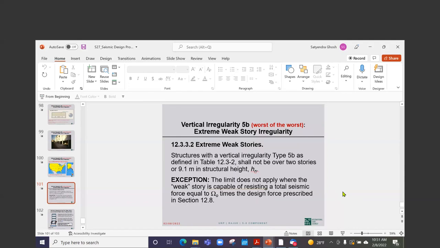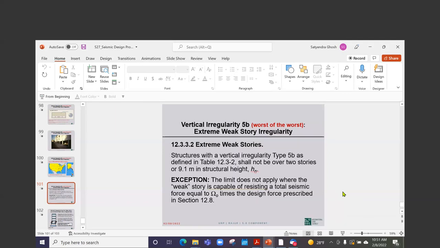Let us say a shear wall comes down on a transfer girder, which is supported by columns and so forth. So follow me closely. This is an important question.